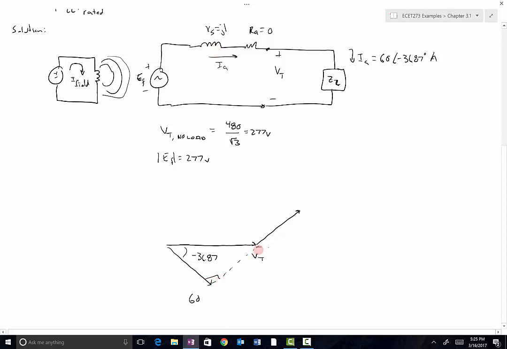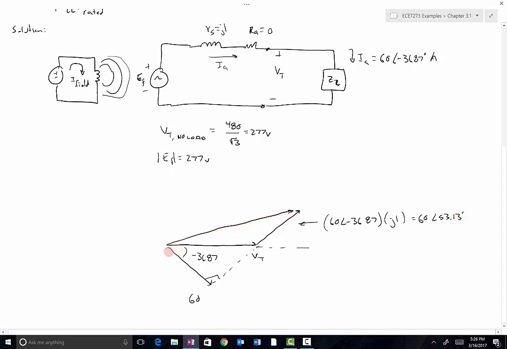And so that vector is going to be 60 at angle negative 36.87 times J1, which is going to be equal to 60 volts at angle 53.13 degrees.